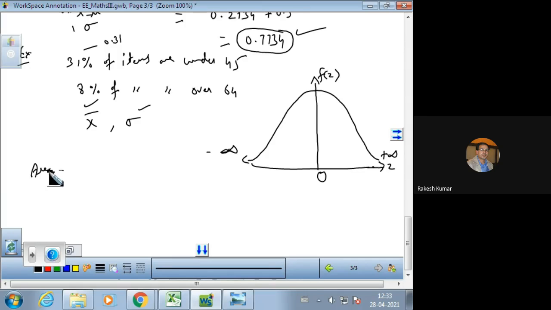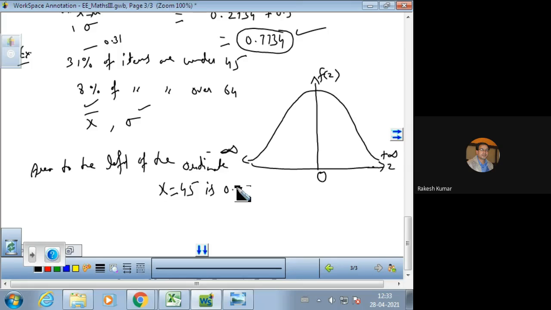So the area to the left of the ordinate x is equal to 45 is 0.31. 45 is the value of x because this is the item. So it means when x is equal to 45, area is this 0.31, and you need to calculate z.